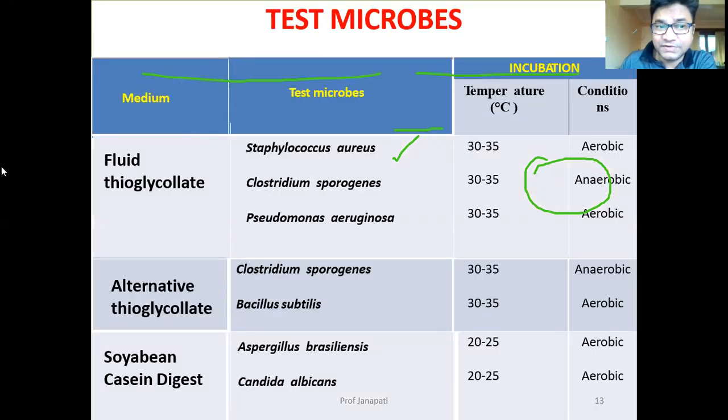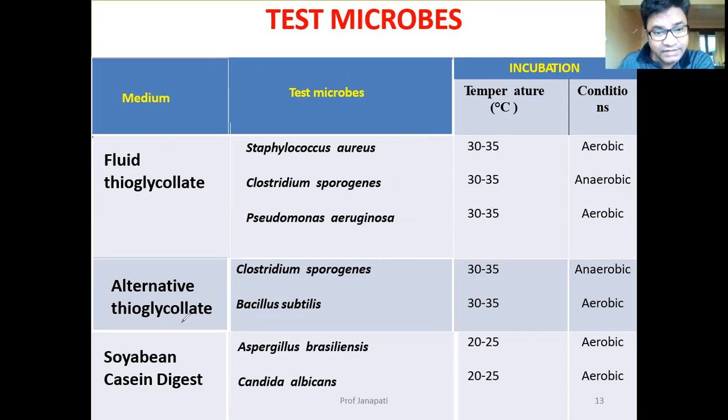These are some of the bacteria or fungi which we use. If you are using fluid thioglycolate medium, as we told, it is used for both aerobic and anaerobic. You can use Staphylococcus aureus, Clostridium sporogenes or Pseudomonas aeruginosa. The incubation temperature is given.